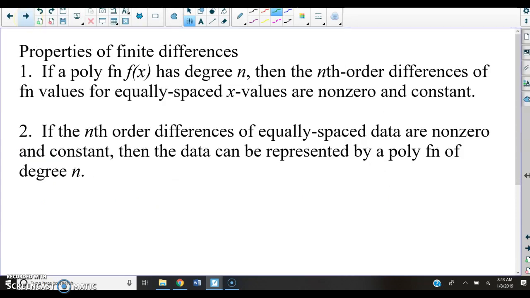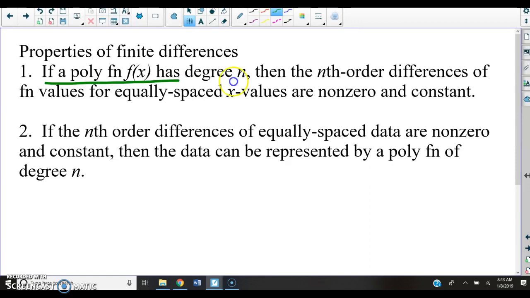All right. If a polynomial f of x has degree n, so if it's degree 1, then the first order differences will be constant. If it's degree 2, the second order differences will be constant. Okay? If it's a cubic, then the third order differences will be constant.